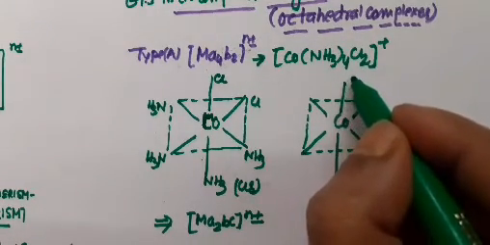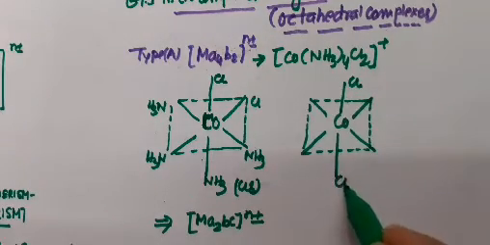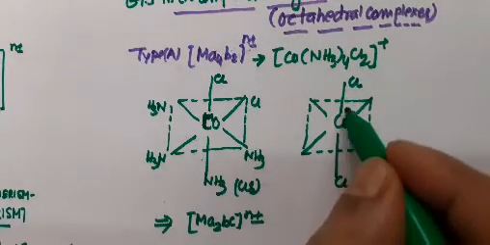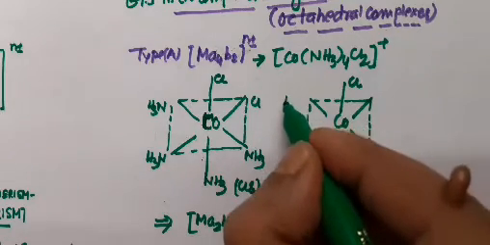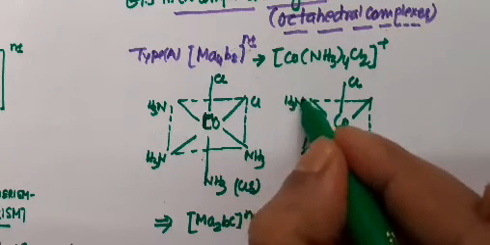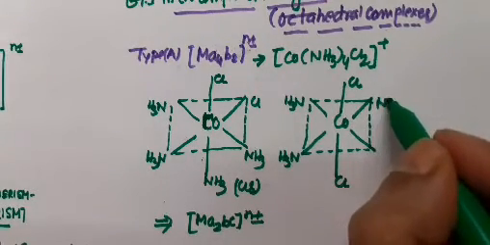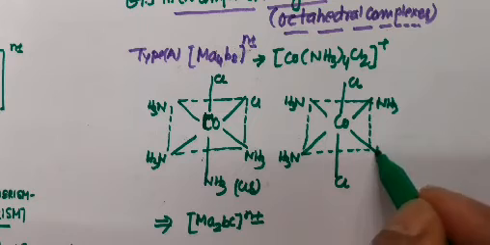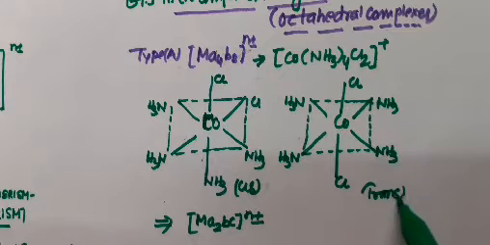And when we draw the trans arrangement, we place the identical ligand along the axial bond opposite to the central metal atom, and the rest of the ligands can be placed like this. So this is the trans form.